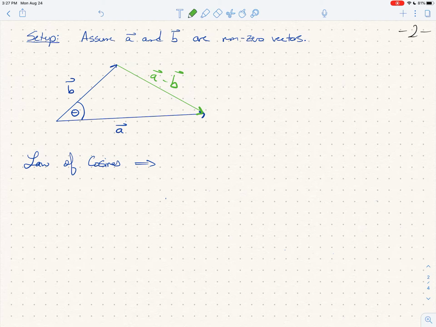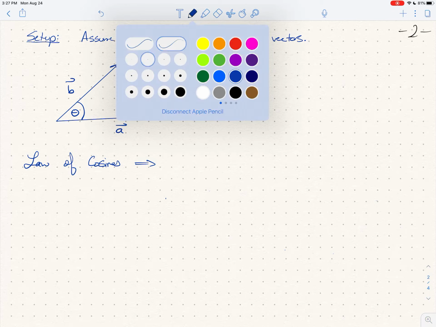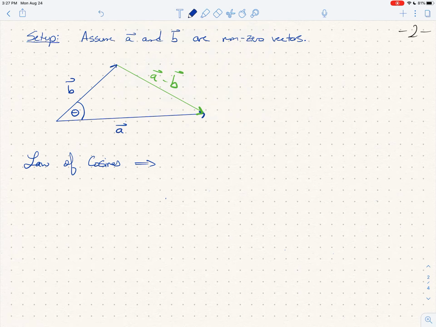If we just write down the law of cosines, we come up with the length of A minus B squared is going to be the length of the other two squared, so length of A squared plus the length of B squared, minus 2 length A, length B, cosine of theta.